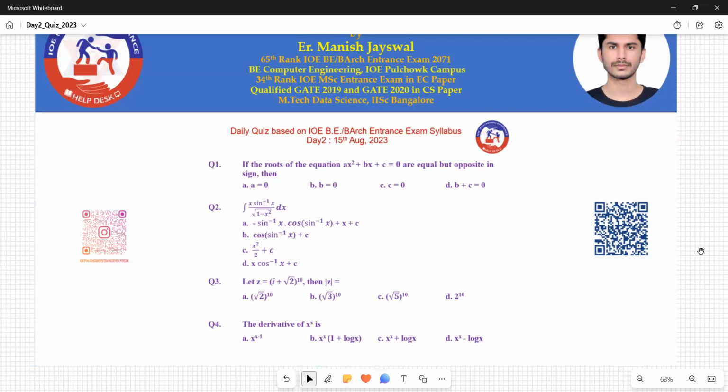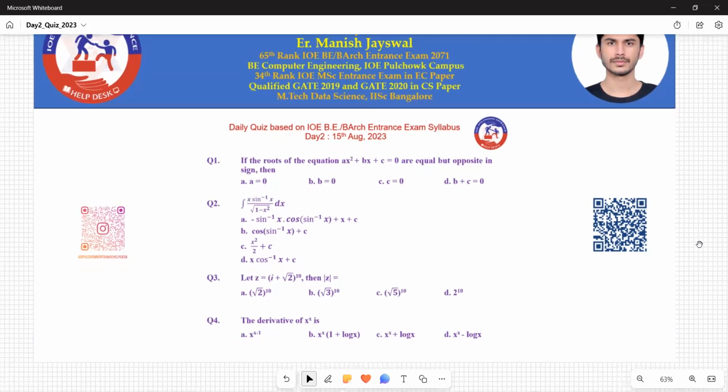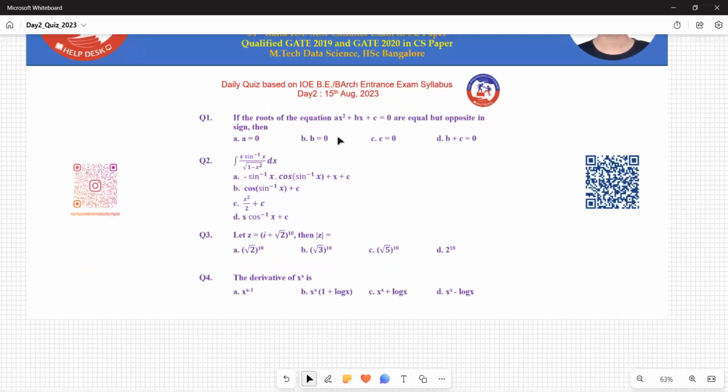So we have studied about sum of roots, product of roots, right? For a quadratic equation, the same concept we can use because this is a quadratic equation, right? And in a quadratic equation, it should be mentioned that a is not equal to 0. But here a may or may not be 0. If a is 0, it is not a quadratic equation.